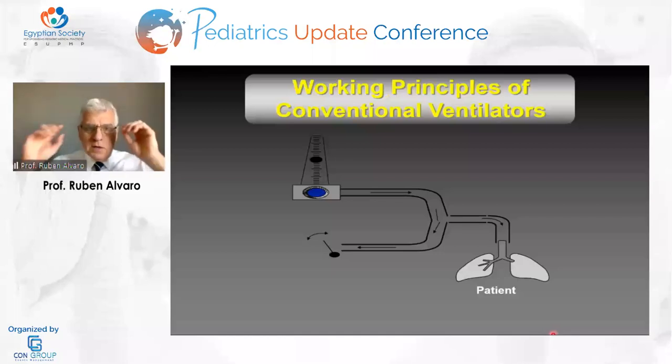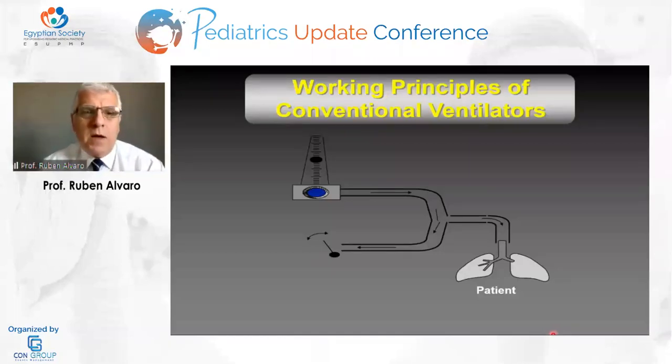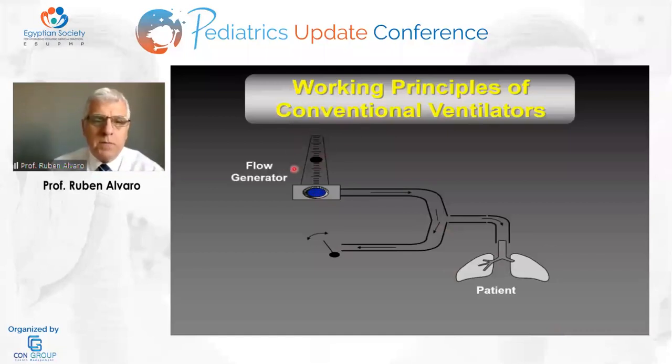So how do the ventilators work? Now, these machines are very simple. Just imagine you have a T-piece. So here's a T-piece. Here we have the flow of air, a flow generator that injects air into this circuit. That's continuous flow.